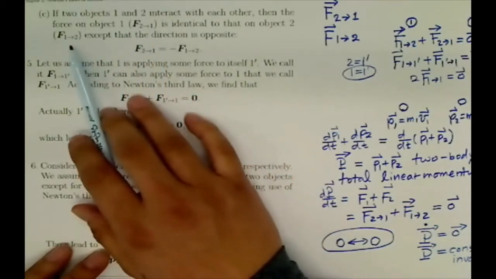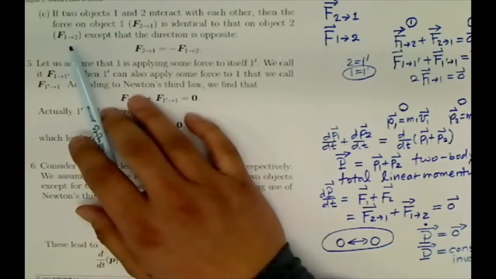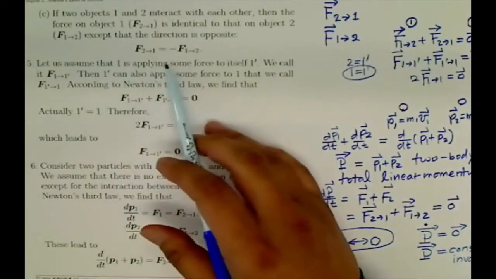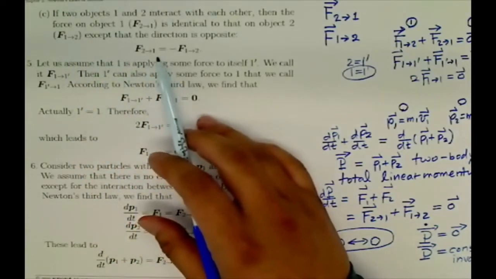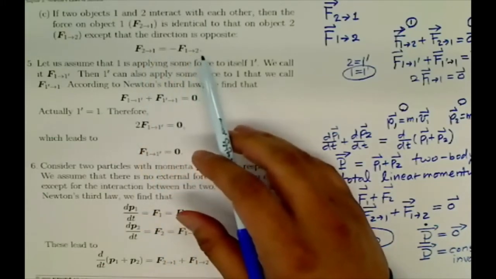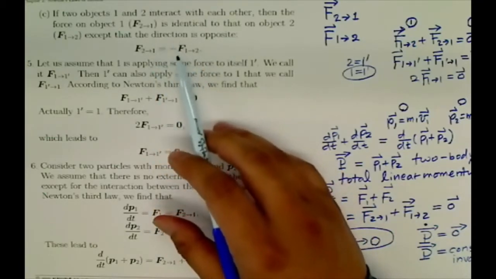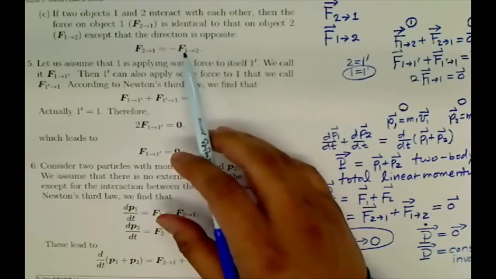And this one represents the force on particle 2 due to particle 1. Newton's third law states that the force on particle 1 by 2 and the force on particle 2 by 1 are the same except for the opposite direction.